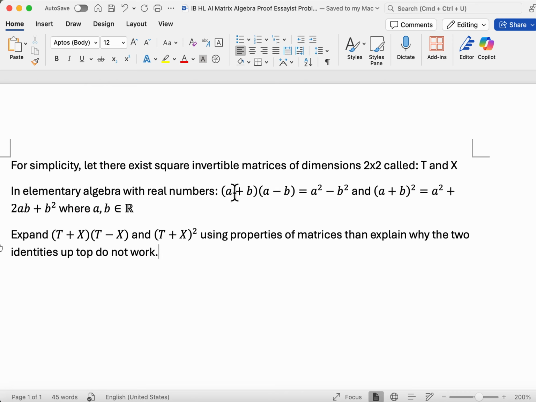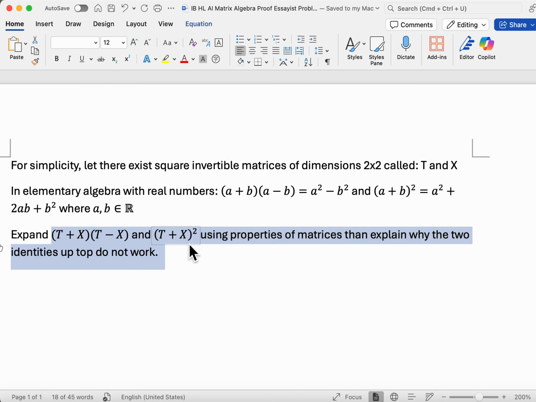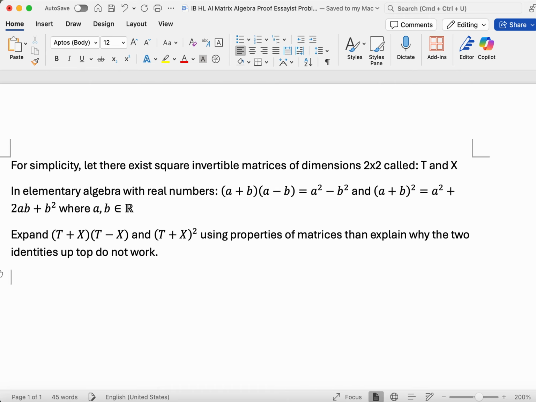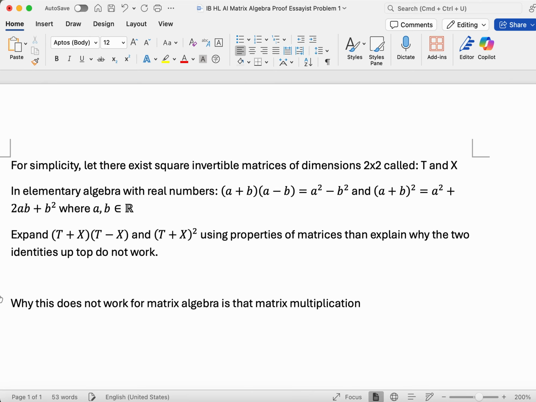Now expand the above mentioned square matrices, using properties of matrices, and explain why the 2 identities up top do not work. So the key main idea why this doesn't work is that matrix multiplication is not commutative.